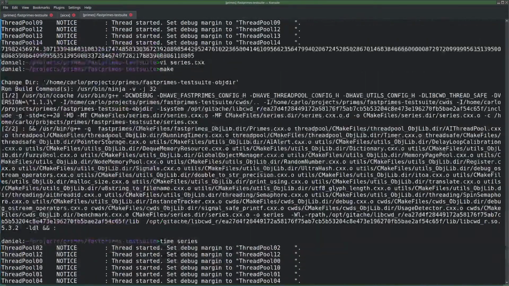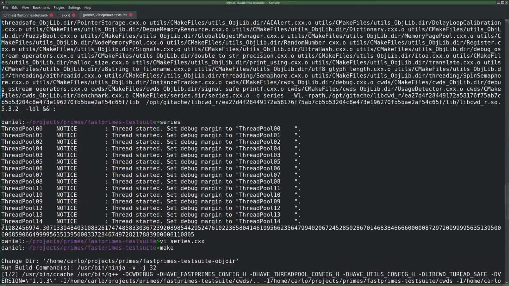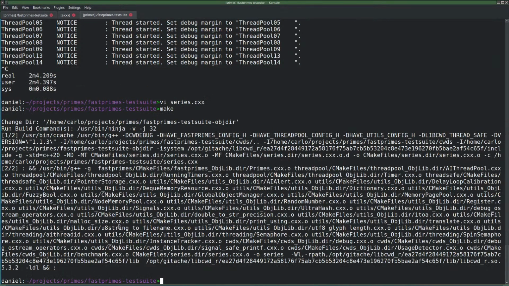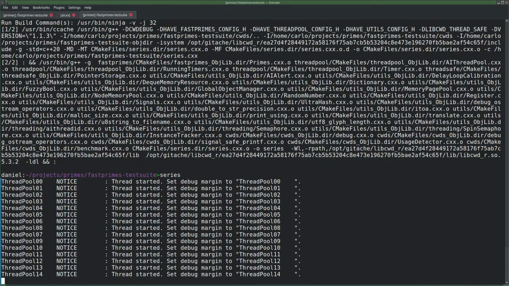Let's remember the number though that I had here, this number. So this is what we had. Should at least get something in the neighborhood. Why the hell is it so slow still?